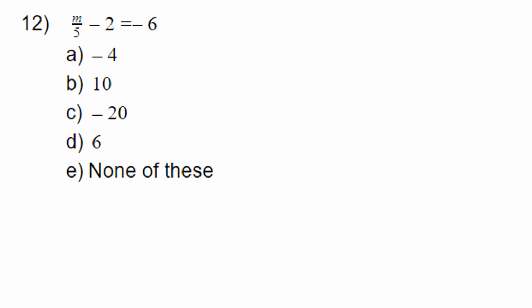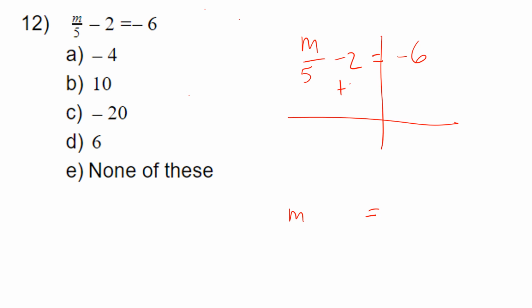Okay, m divided by 5 minus 2 equals negative 6. Two sides of the equation. So I'm trying to get m by itself. That means I have to add 2. Negative 6 plus 2 is negative 4. m over 5 equals negative 4.